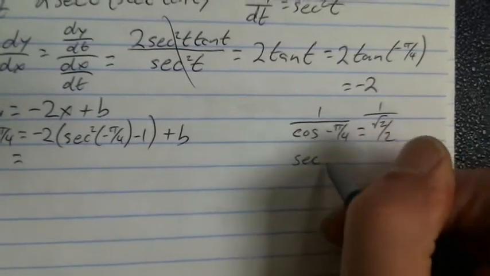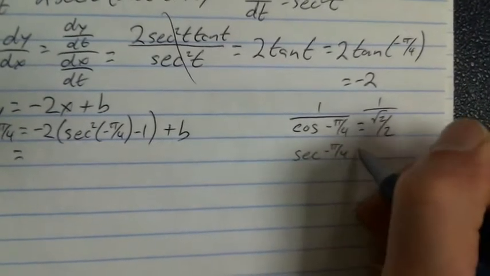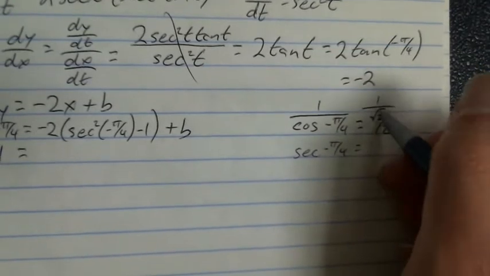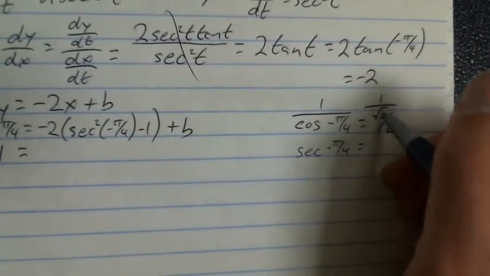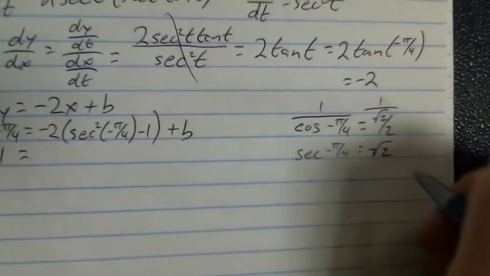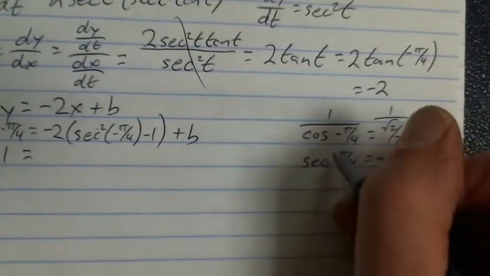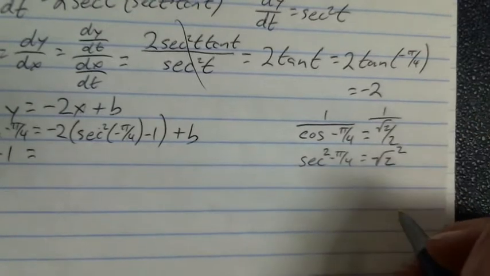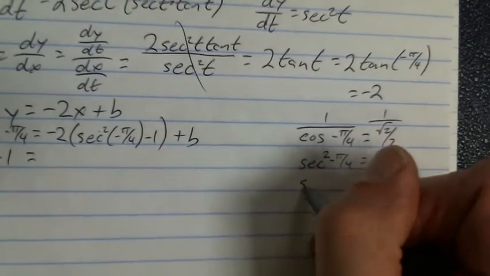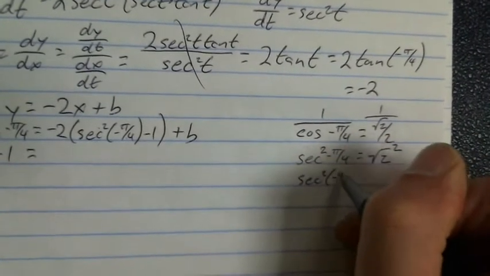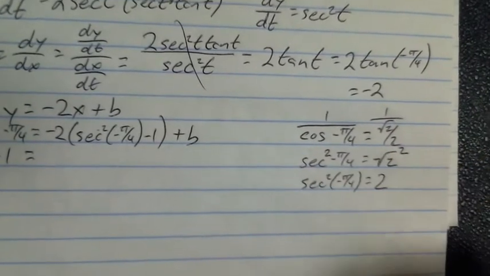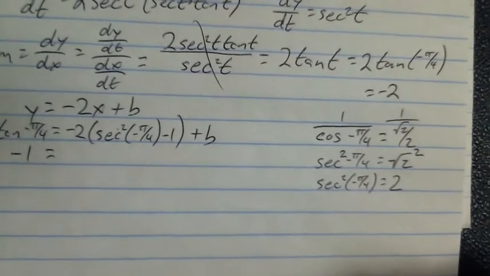So this is secant of negative pi over 4. If we divide by a fraction, just invert. 2 divided by radical 2 is just radical 2. And so we want the square of this. So we square this, we square that. So it looks like secant squared of negative pi over 4 just equals 2, which is convenient.